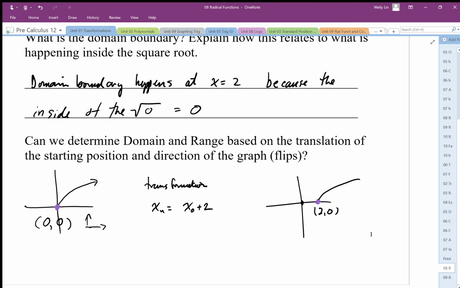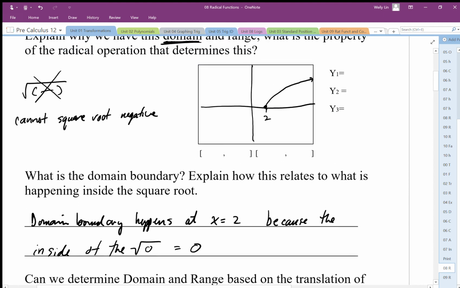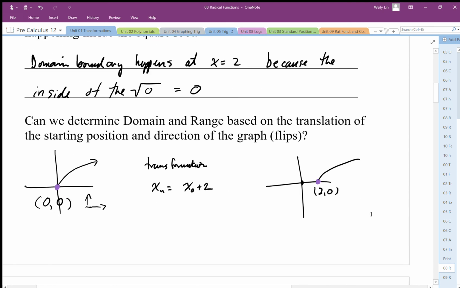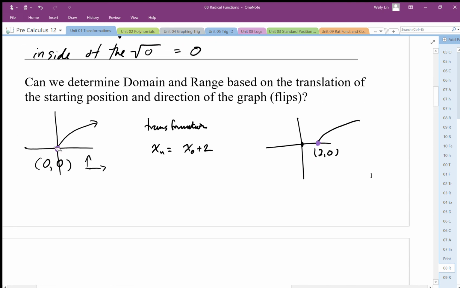Sometimes it's easier to think about what's happening to this graph because of the restrictions on the function: I can't square root negatives. Sometimes it's easier to think, well, I know my domain changes because of a transformation. So these are complementary ways that we can start thinking of how functions behave. The specifics of this are not as important as just understanding the general idea that we want to start looking at properties of graphs to understand how they behave.